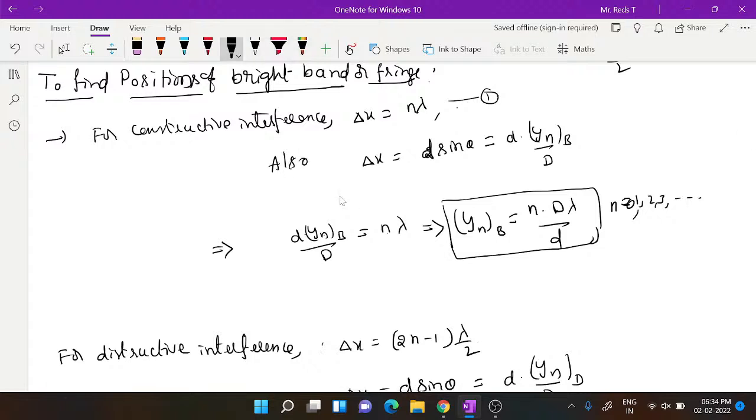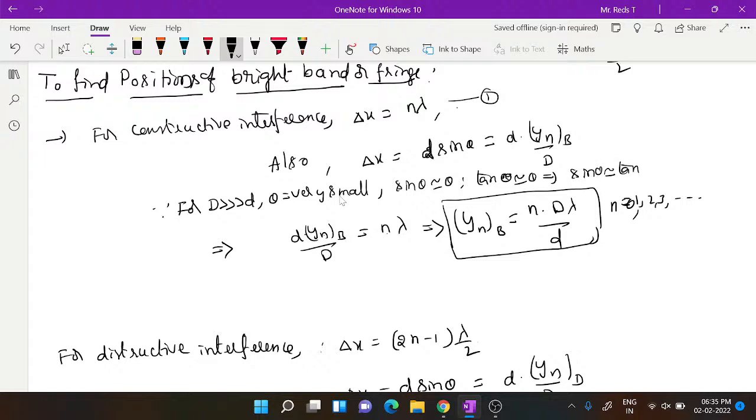Because for capital D much greater than small d, theta will be very small. For smaller angles, sin theta will be approximately equal to theta, and tan theta approximately equal to theta. That implies sin theta can be approximately equated to tan theta.